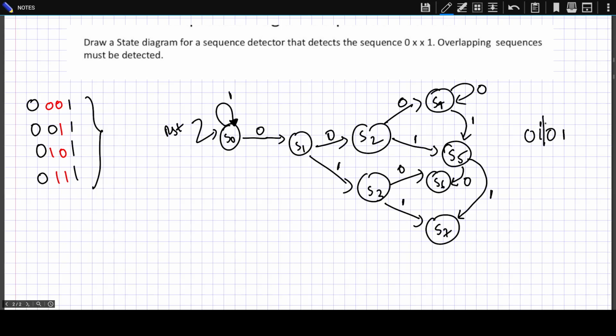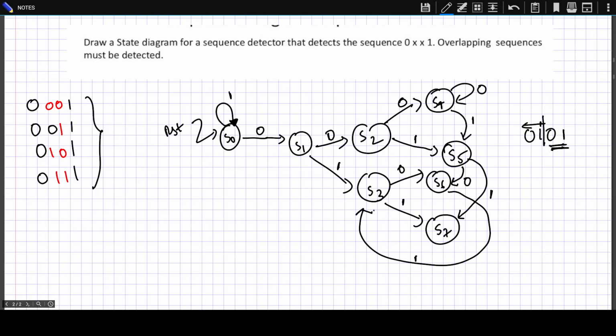The pattern behind this 0 is of no use, so we go to a state where it matches 0 1. What is the state where it matches 0 1? It is S3. So if you get a 1 when you are in state S6, go back to S3, because S3 is the state where it matches 0 1. You are to detect overlapping sequences, so that is why.